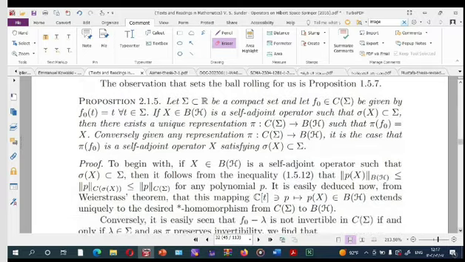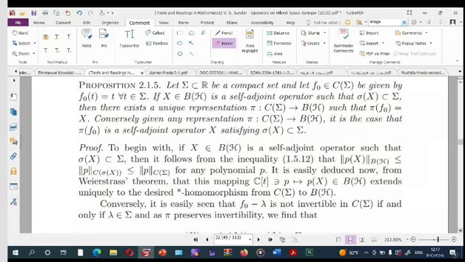The proof of this is not difficult. To begin with, if X belongs to B of H is a self-adjoint operator such that sigma of X is a subset of sigma, then it follows from inequality 1.5.12, please follow this, that the norm of p of X in B of H is less than or equal to the norm of p in C of sigma, for any polynomial p.